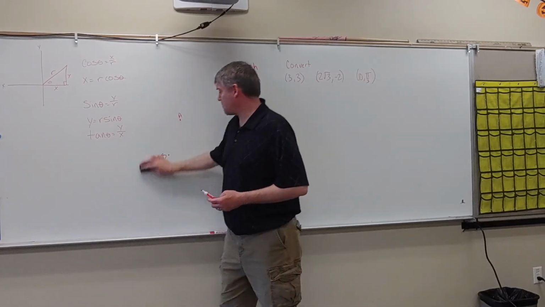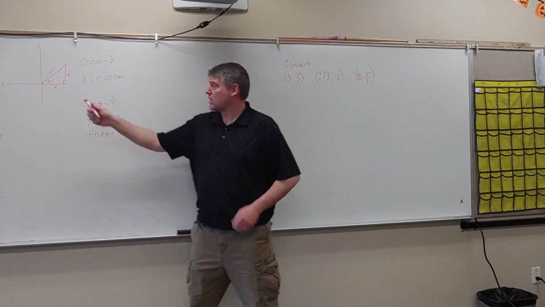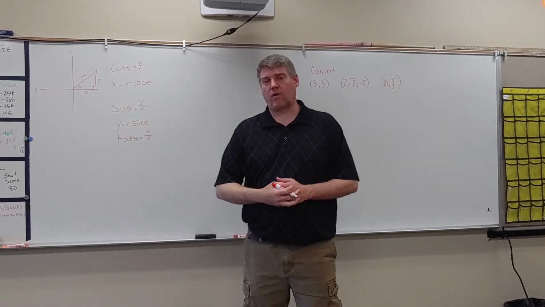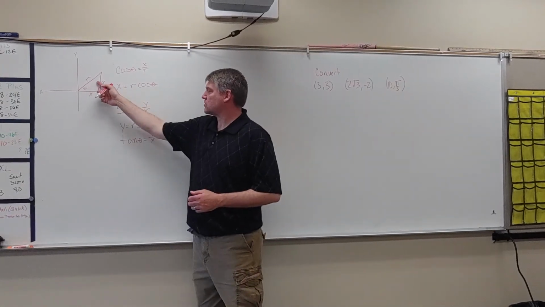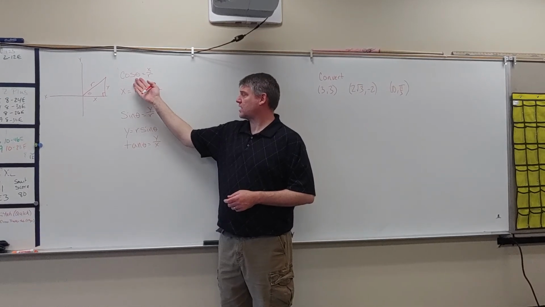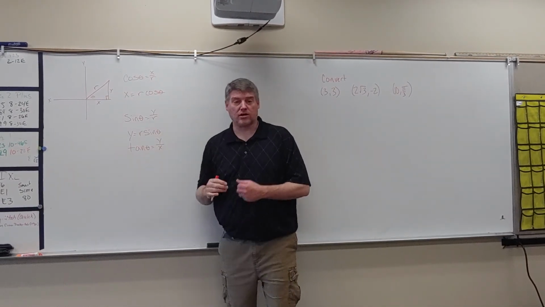So if you remember back when we were in a coordinate plane, we had our coordinate graph here. So we had an x and a y. We would find r. So here's our triangle that we created. And we found out that cosine of theta is equal to x over r, or x is equal to r cosine of theta.